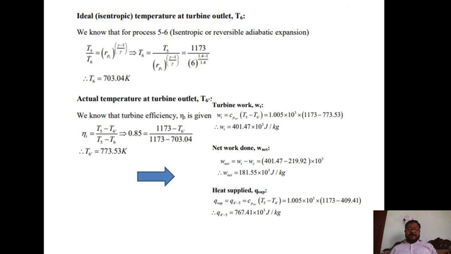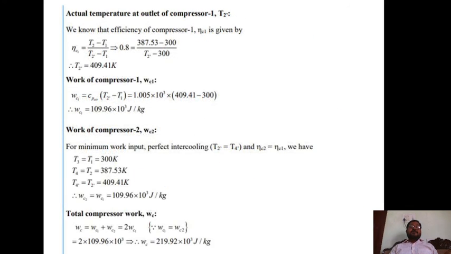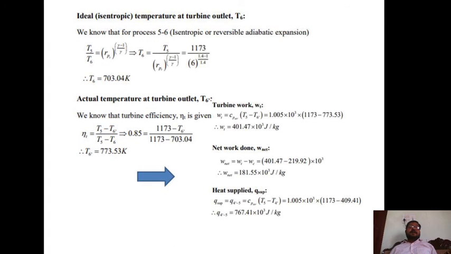If you go to the previous slides, you can observe here, T2 minus T1 is the ideal one, and T2 dash is coming in the denominator. But here in the turbine, you are getting T6 dash, the actual case, in the numerator. But in the compressor, it is coming in the denominator. You must be very, very careful about that.